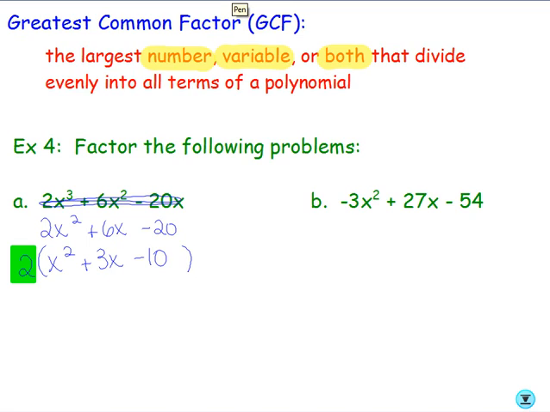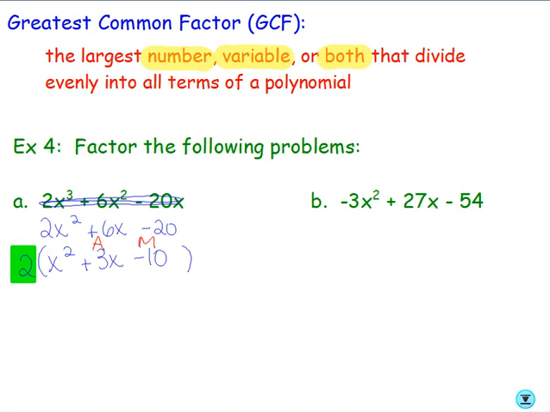So you're going to pretend that 2 doesn't even exist. And you're going to do your A and M stuff like earlier. We are now looking for 2 numbers that multiply to give you negative 10 and add to give you 3. Notice I didn't go back to the original problem. I stayed on the line I'm on.